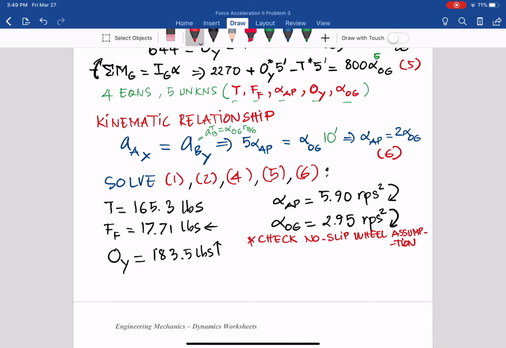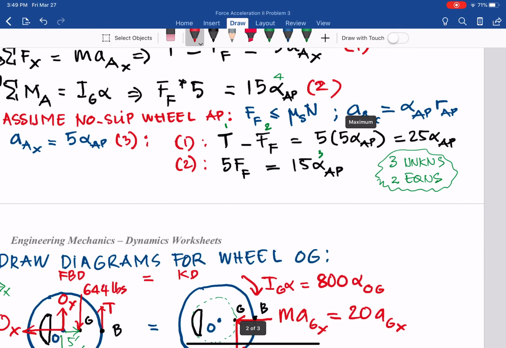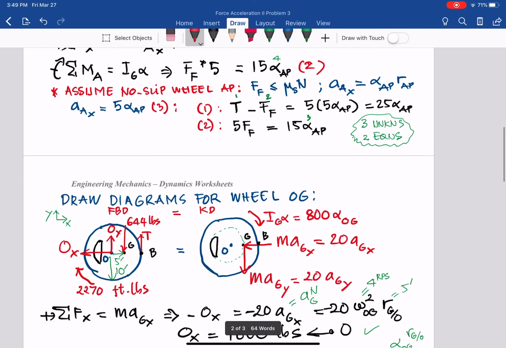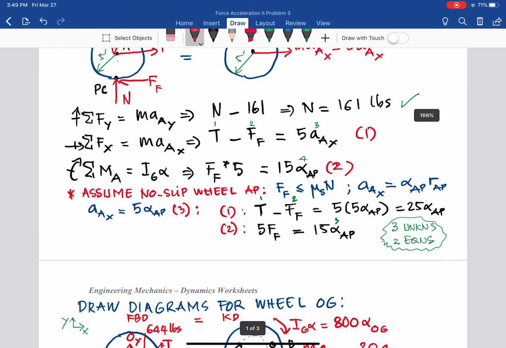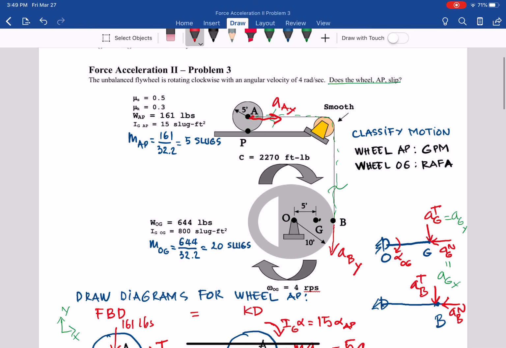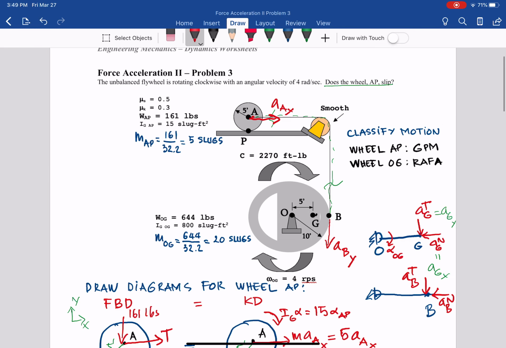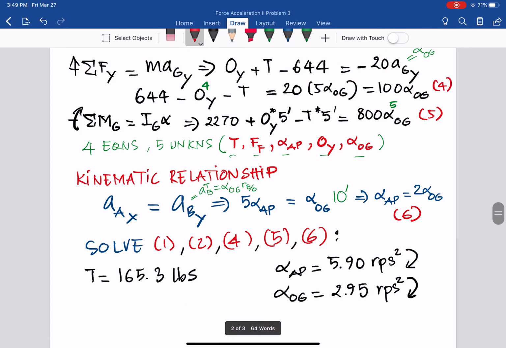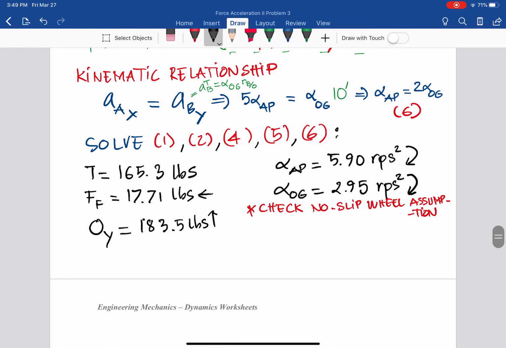What is the equation to check? If the assumption holds, FF is less than mu sub S times N, right? N we already found to be 161, and mu sub S for this one equals 0.5. So FF equals 17.71 pounds.